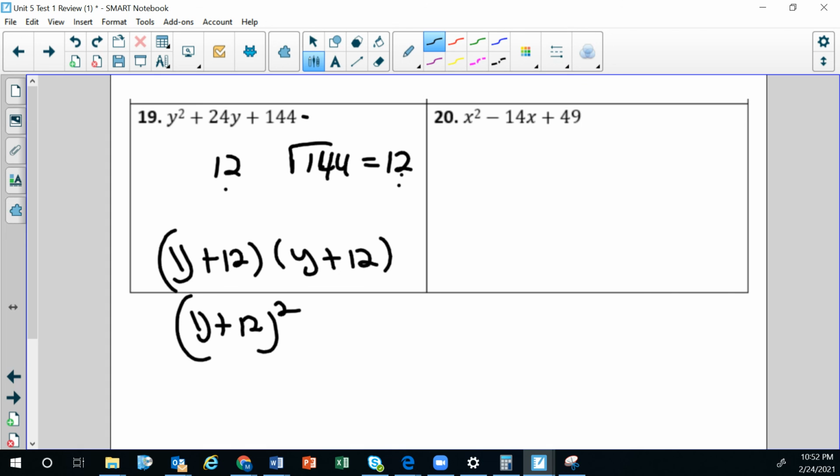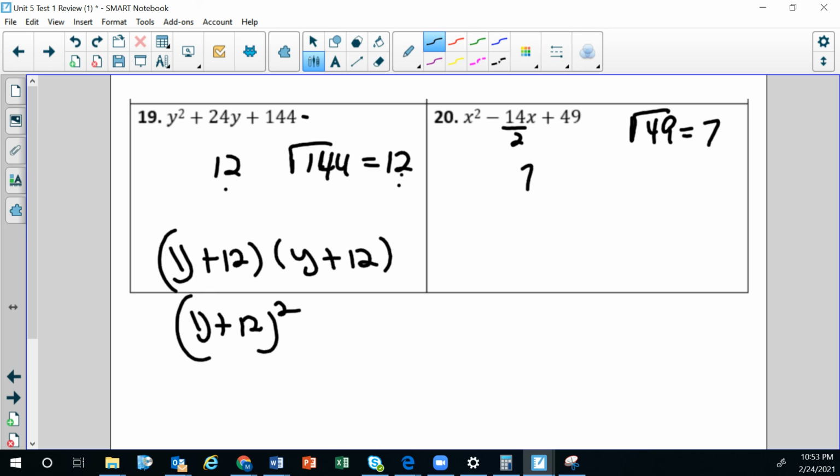Okay. Now look at the other one here. Again, this is a perfect square. If I take the square root of 49, what do I get? 7. Well, look at this now. If I divide 14 by 2, what do I get? 7. All right. So this is just like number 19.